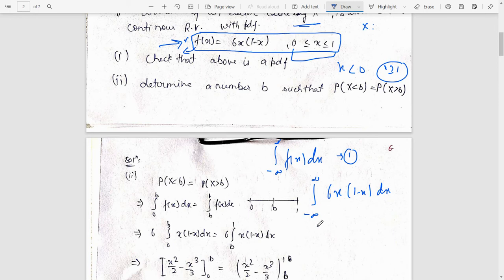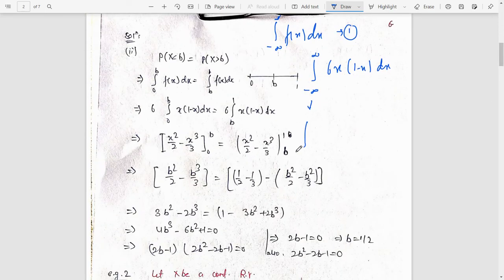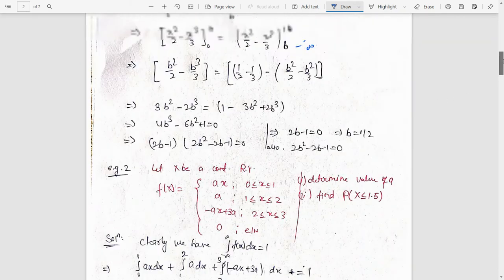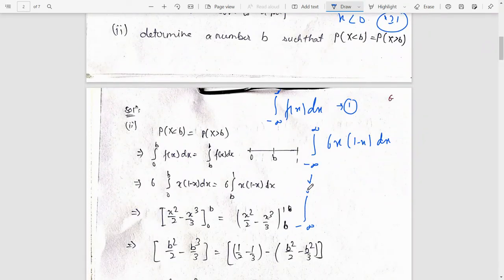So you can break this into three parts. The first part is minus infinity to 0 of f(x) dx, then plus 0 to 1 of f(x) dx, and then 1 to infinity of f(x) dx. But the first and third are going to be 0, so we are not considering them.